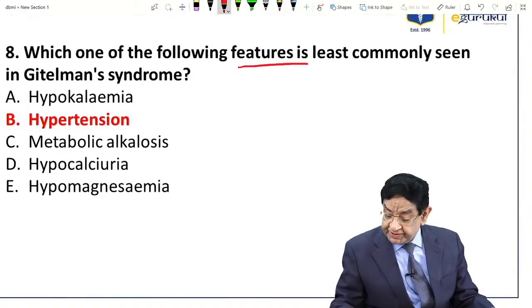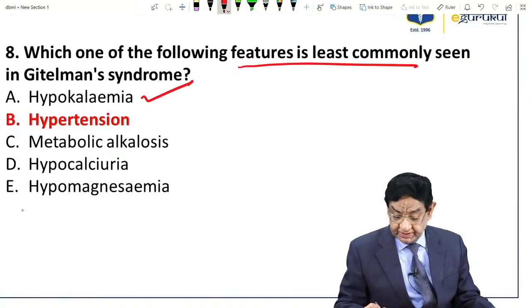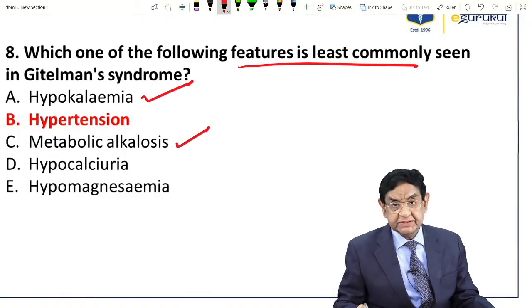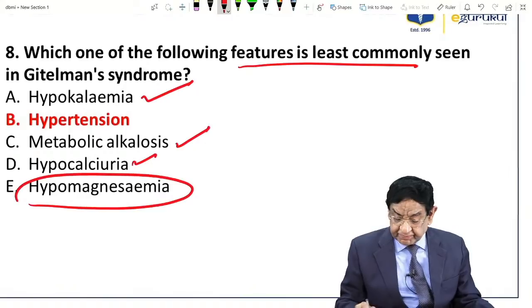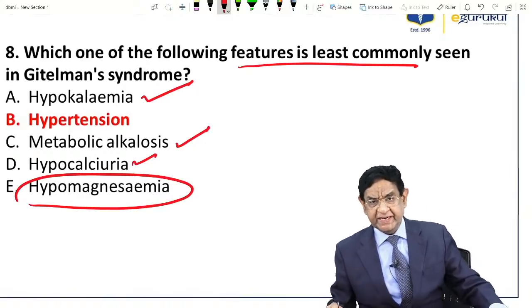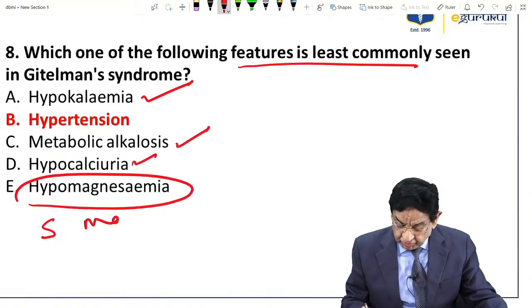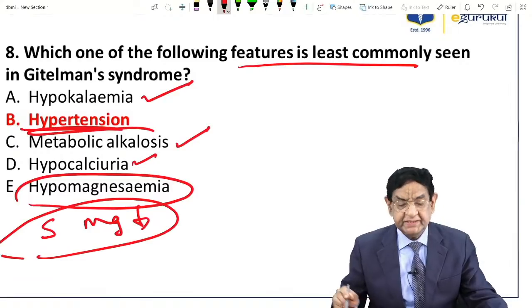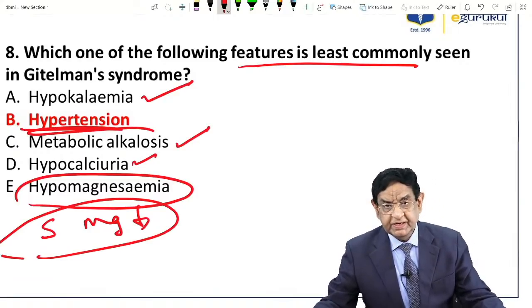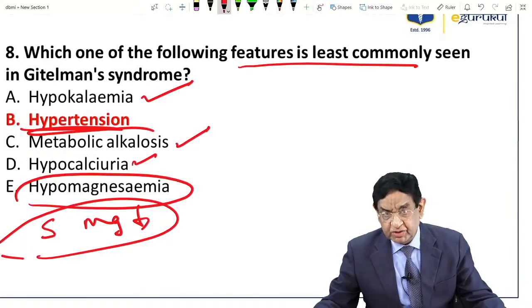Features of Gitelman syndrome: hypokalemia occurs, metabolic alkalosis occurs, hypocalciuria occurs, and hypomagnesemia occurs because they cause a lot of magnesium loss. So serum magnesium level goes down classically in Gitelman syndrome. Hypertension is not a feature. In both Bartter and Gitelman, BP is normal.